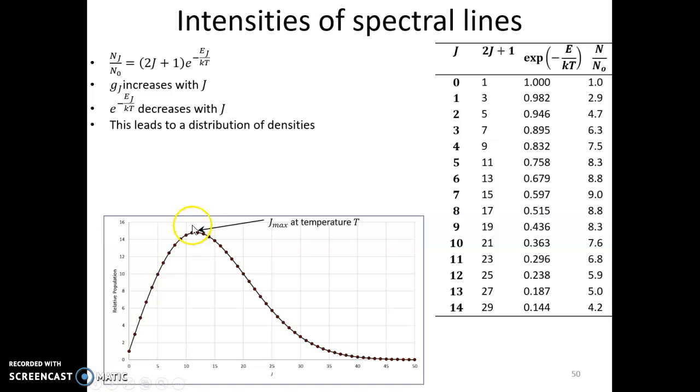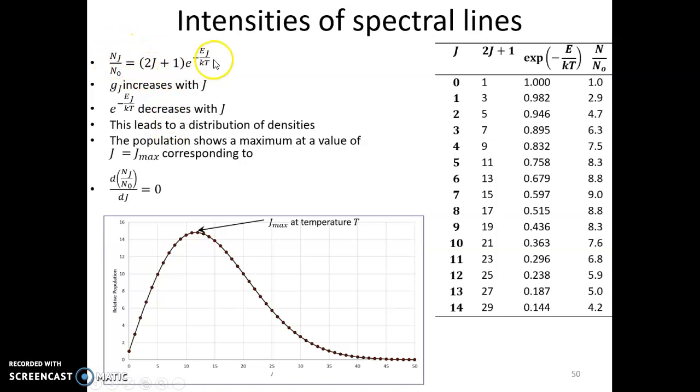It reaches a maximum. In this one, J equals 7. In this diagram, J is about 12. So it's important to note that it is not always 7 or 12. It depends on the molecule and on the temperature as well. The population shows a maximum at a value that corresponds to when the differential of this equation with respect to J is equal to 0.